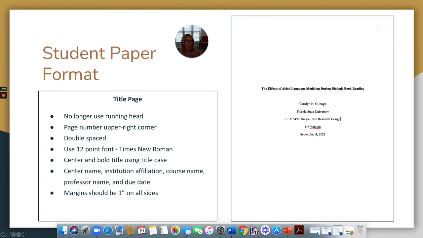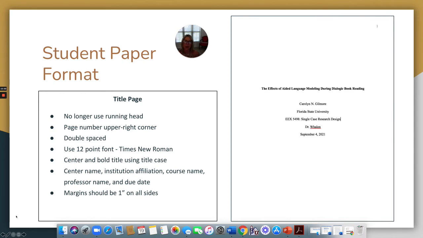Then it's followed by your name, the university or school that you're affiliated with, the course that you are submitting the paper for, the name of the professor, what they prefer to be called, and then the date of your assignment. And so just be sure that when you do your cover page that it is double spaced, that you use 12-point font Times New Roman.